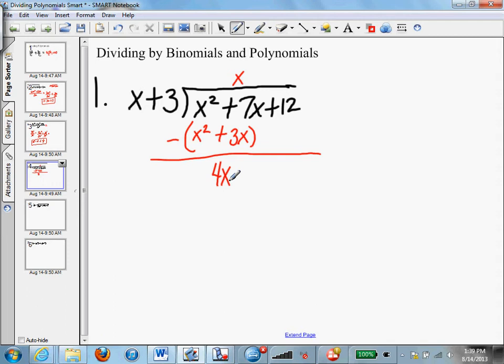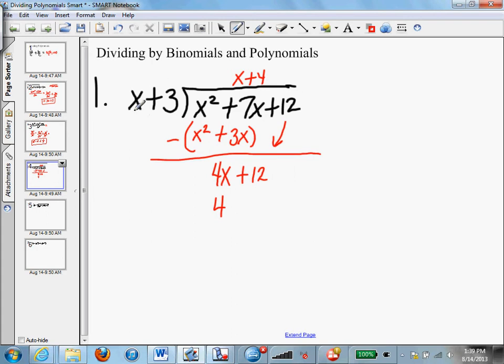Okay, now what we want to do is pull down this plus 12, like you would do with long division in grade school. So now we want to have this x right here match this x right here. So the idea is to multiply by a positive 4. So in our long division it's going to be an add 4. So we multiply 4 by what we're dividing by.